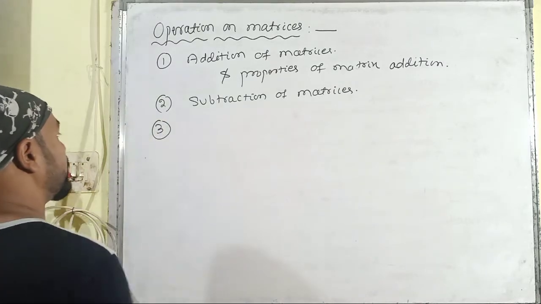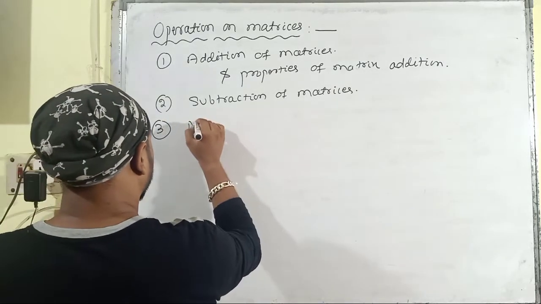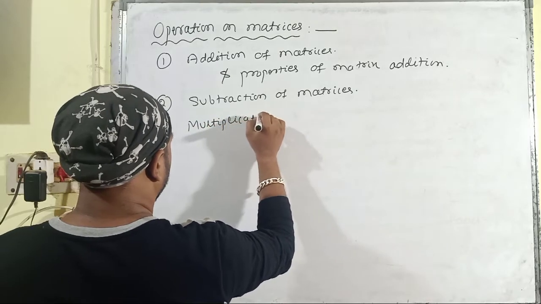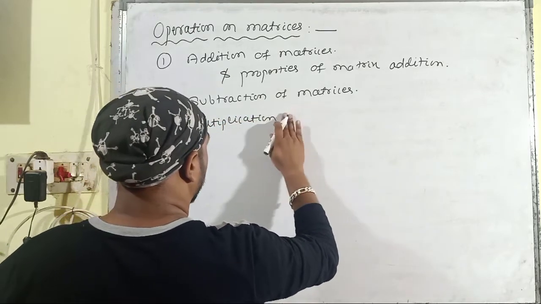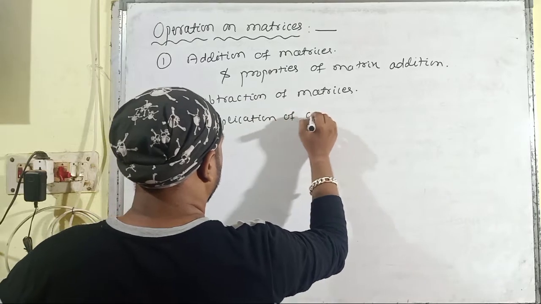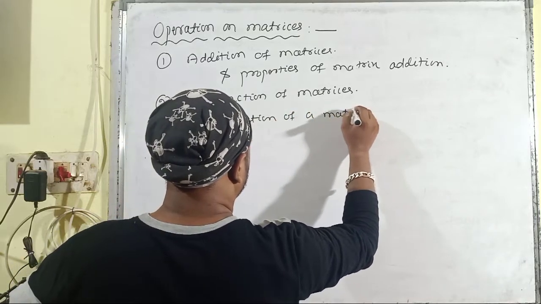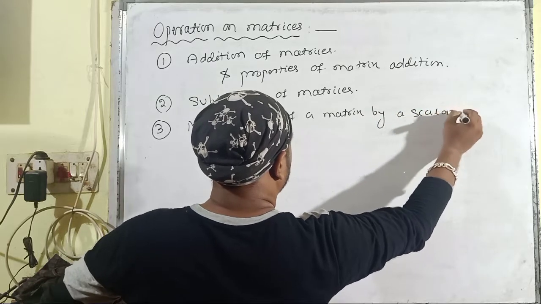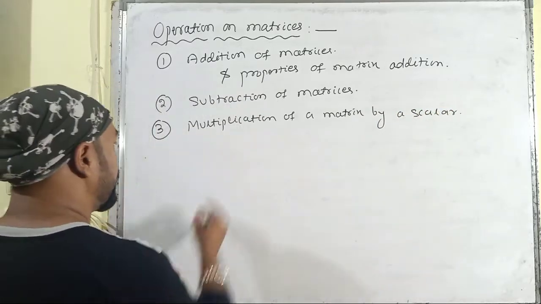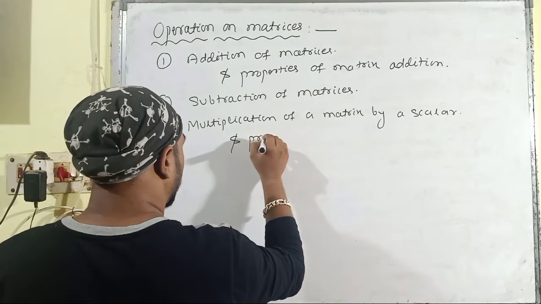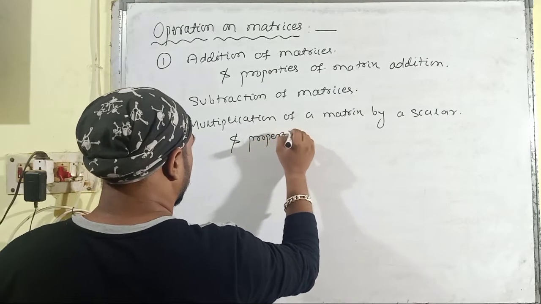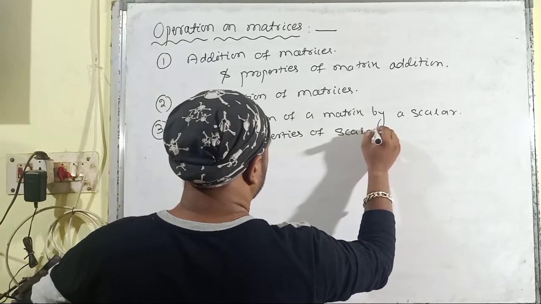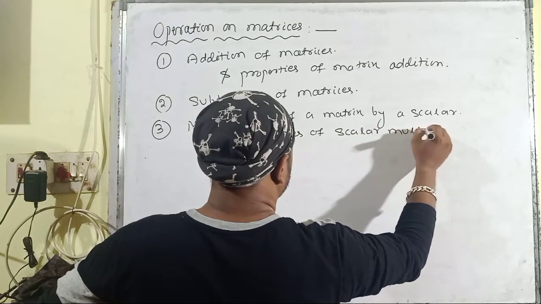The third one is multiplication of a matrix by a scalar and properties of scalar multiplication.